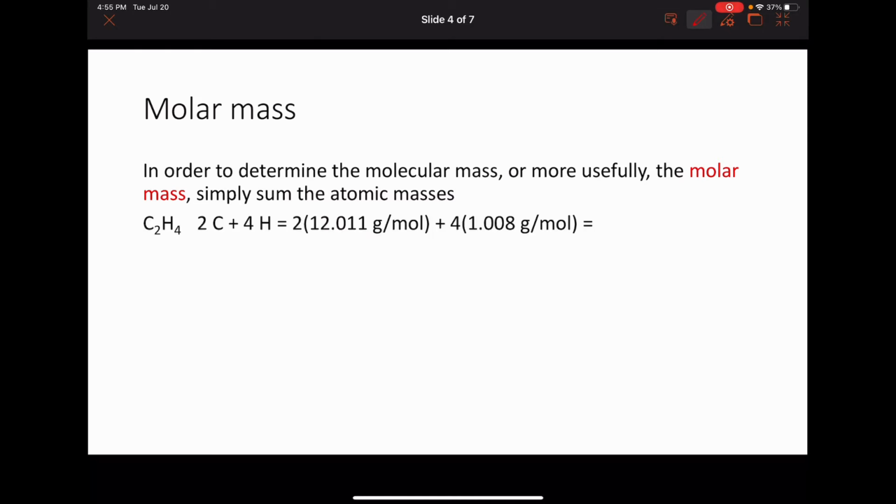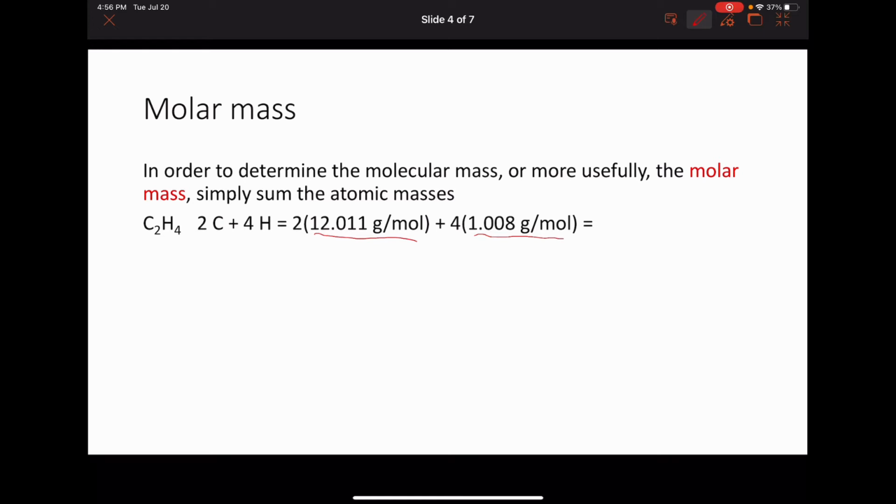So we're going to use our previous example, C2H4. We have 2 carbons, and so we looked this up. I don't have the periodic table here. We got 12.011 grams per mole for carbon, and we have 4 hydrogens, so we put the molar mass or the atomic mass of hydrogen there, we put the 4 here. And we're left with, let's do this calculation real quick.